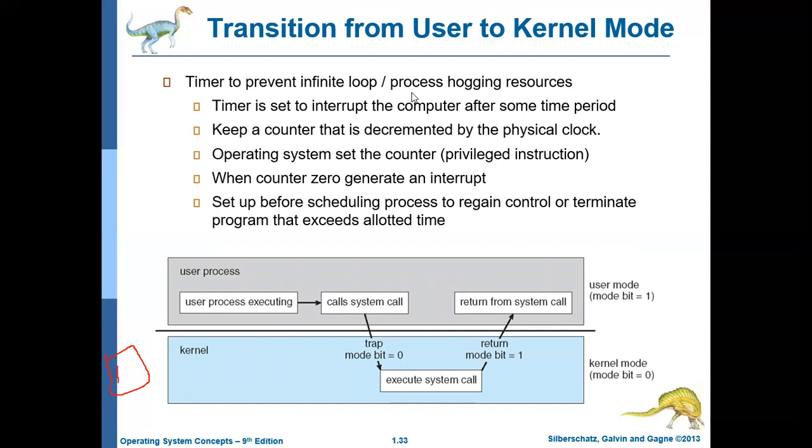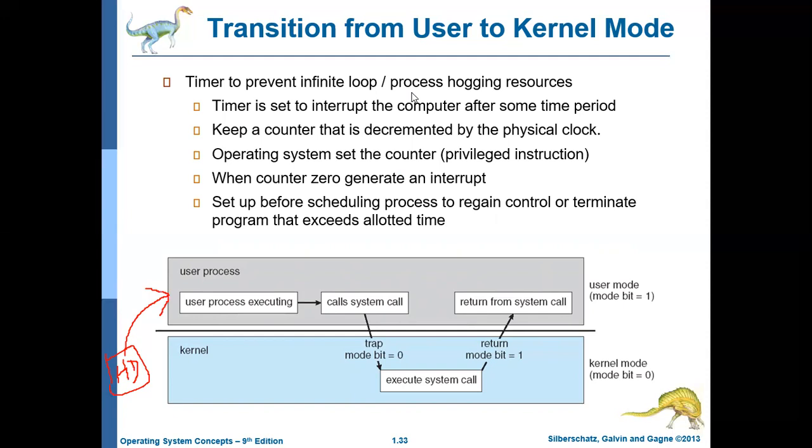Somebody should load the program from the hard disk to the main memory. Who will do that? The user will not do that, the operating system will do that. And this is kernel mode. So the operating system will load the program from the hard disk to the main memory, and at that time it will be in kernel mode. Once it is loaded, the program will continue working in user mode.